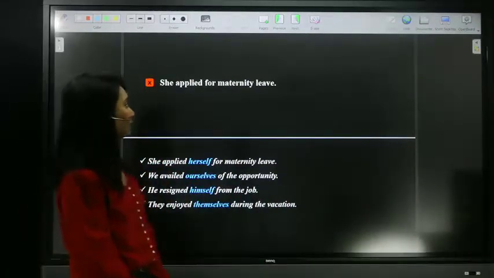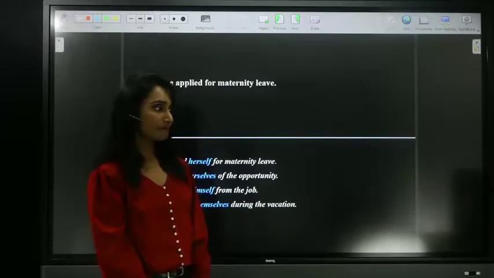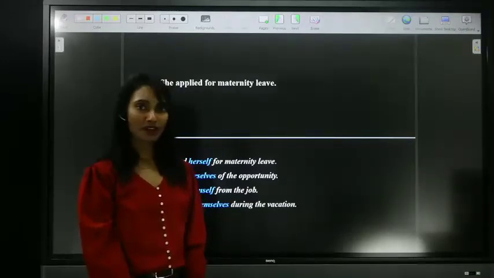She applied for maternity leave. What is the error here?